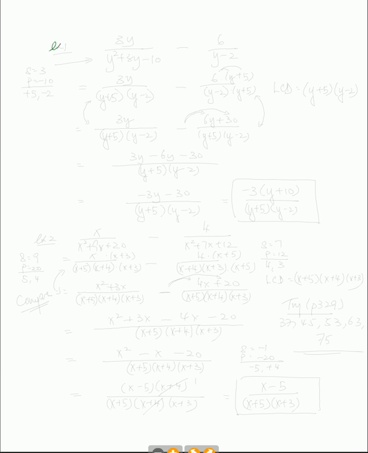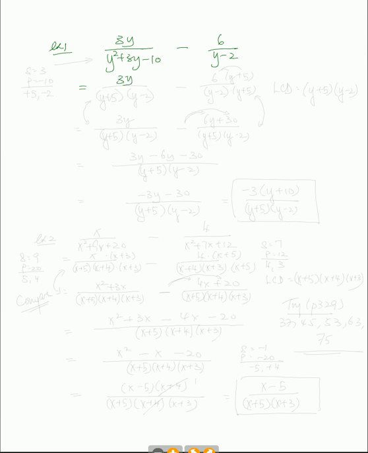Okay, let's look at some examples. Let's try this. If you have 3y over, say, y squared plus 3y minus 10, minus 6 over y minus 2. Okay, so what happens is you notice the two denominators are totally different, and so I need to do something, and that requires me to do the LCD.